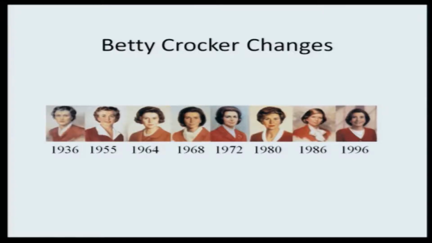Then you realize that what Betty Crocker was trying to do is that the models endorsing the brand, the difference in their physical appearance, they tried their best to keep below the just noticeable difference level.